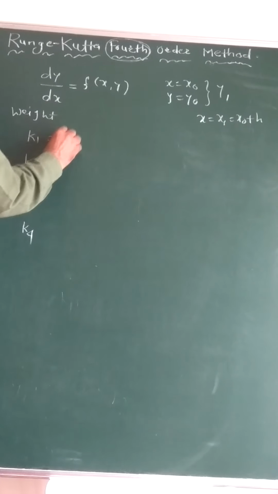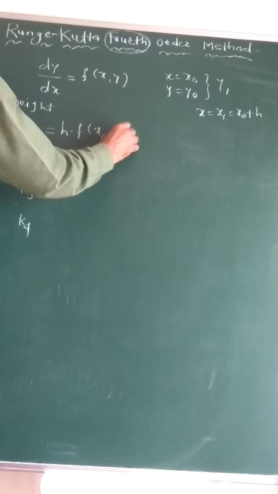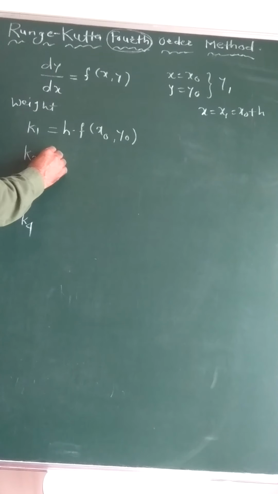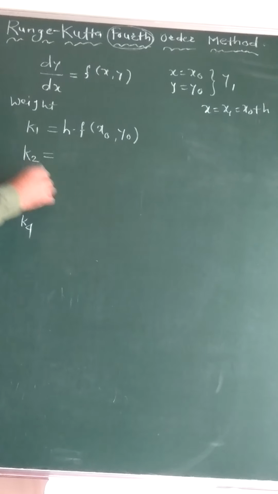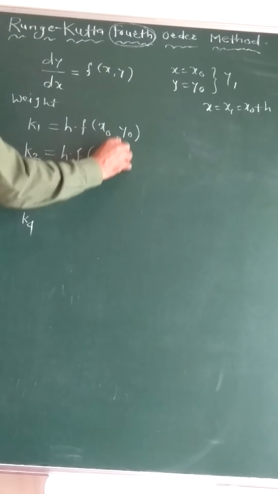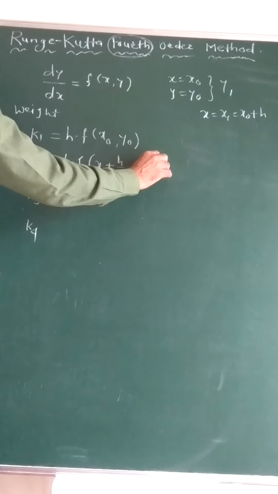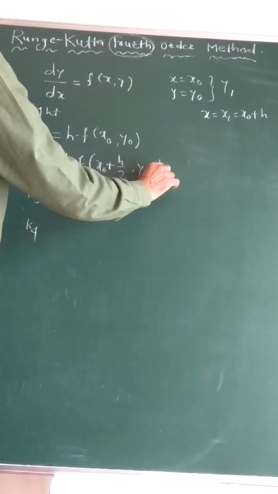Here k1 is equal to h into f(x0, y0). Second weight, that is k2, is equal to h into f of x0 plus h by 2 comma y0 plus k1 by 2.